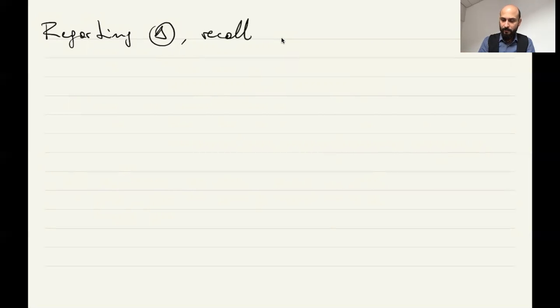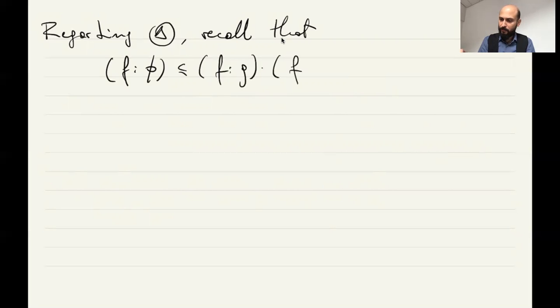Regarding this formula, recall that we proved that if you have three functions, there is this bound, which just comes from composing functions. Okay, we have proved this.